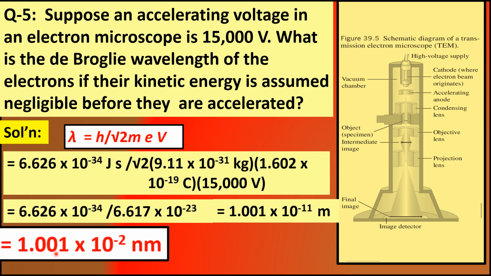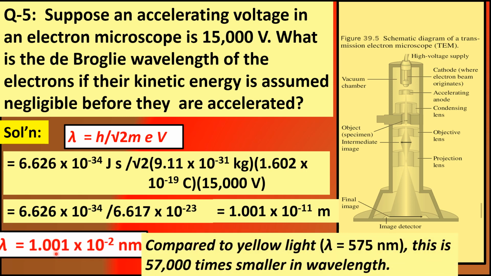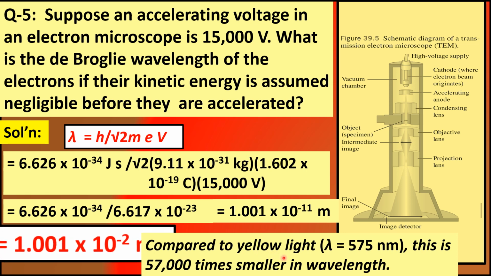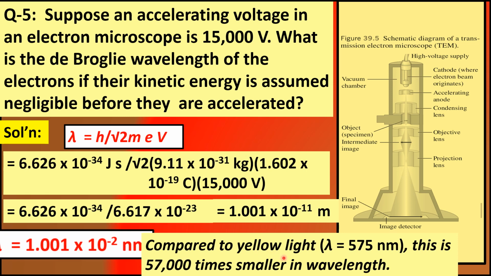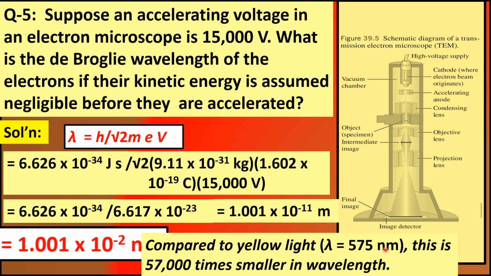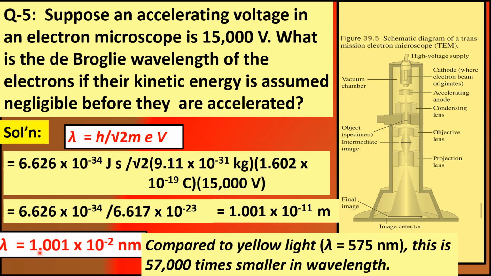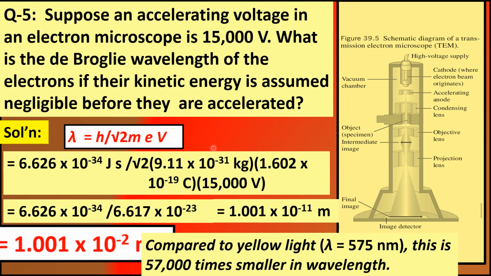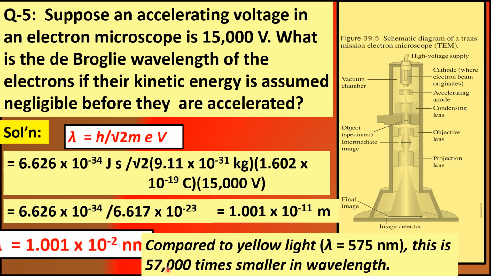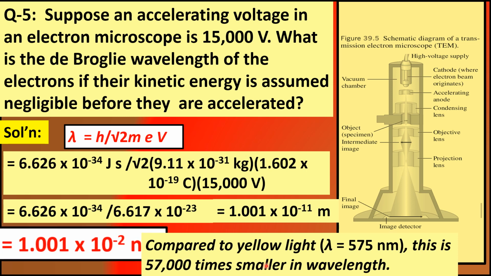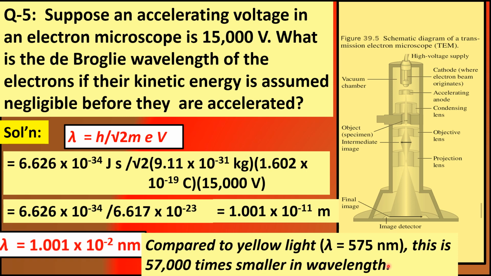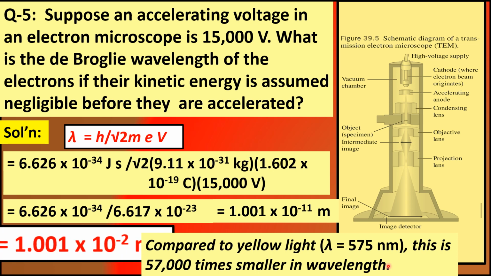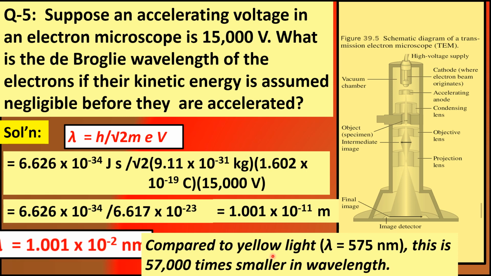So what does this mean? When compared to yellow light, whose wavelength is 575 nanometers, this computed de Broglie wavelength of the electron used in this microscope is 57,000 times smaller than the wavelength of the center of the visible light spectrum, and that is yellow light.